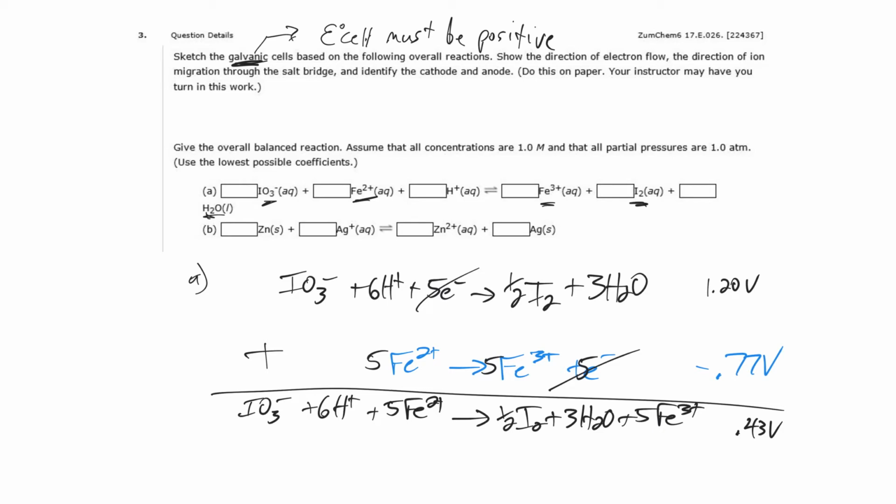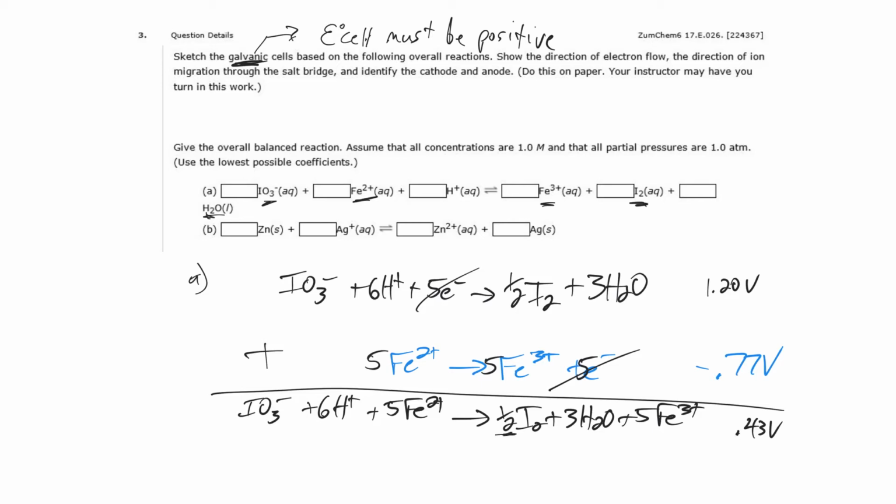Now there is one little problem. WebAssign asked to give the lowest possible coefficients. Well, one of the coefficients in our overall equation is 1/2. That's technically not possible. You can't have half of a molecule. So to make this the lowest possible coefficients, we've got to double everything.